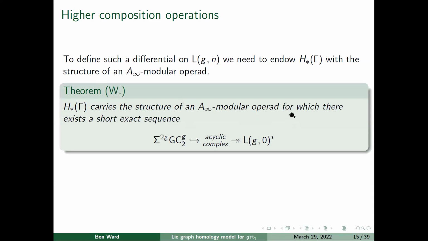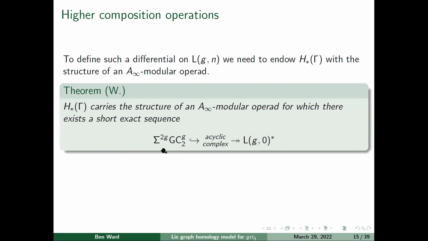So the property then is that there exists a short exact sequence of the following form. On the right-hand side, we have the complex that you get out from these operations, except I've taken its linear dual, which is a choice. On the left-hand side, you have the graph complex GC2, looking only at genus G. So this is Will Walker's notation.